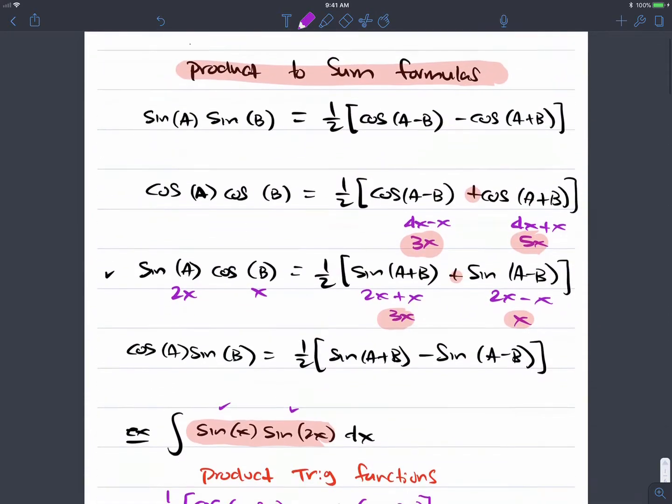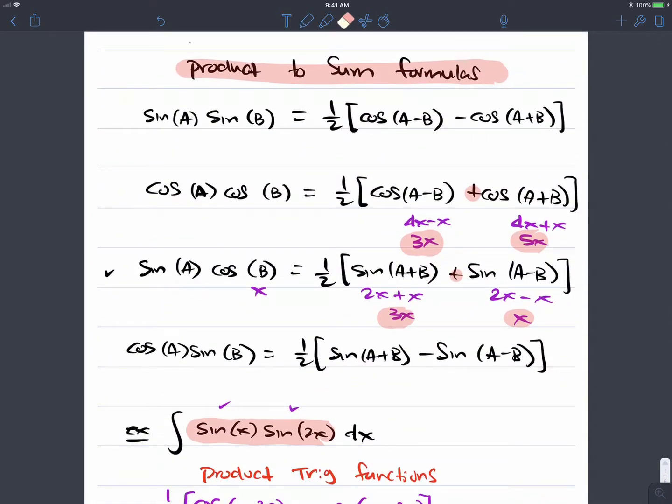Let's go back to that third formula. 8x and 12x. 8x plus 12x, 8x minus 12x. So we get 20x and we get negative 4x. Okay, good.